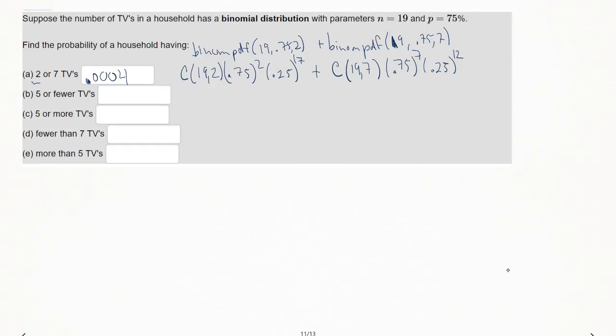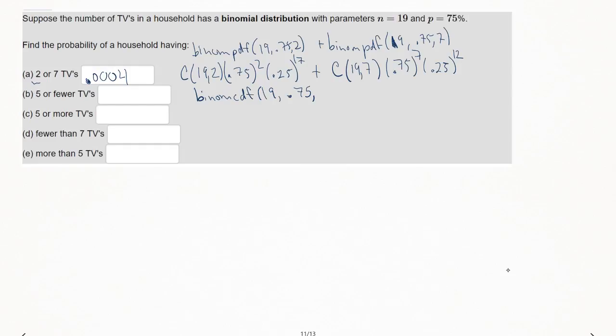That's a pain, and luckily your calculator has a nice easier way to do this, and that would be the binom CDF command. Now remember, what we're doing is basically binom PDF for each of the scenarios, but with binom CDF you start with the number of possibilities, which is 19. You put the probability of it occurring, so 0.75. And then this last value is the values that are less than or equal to that value.